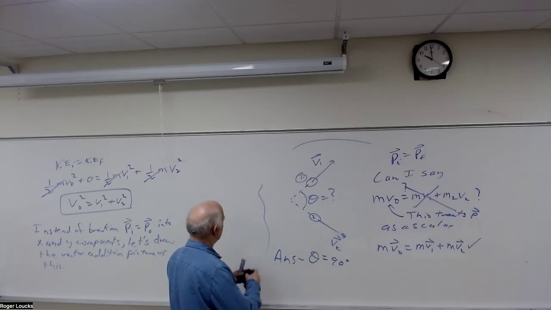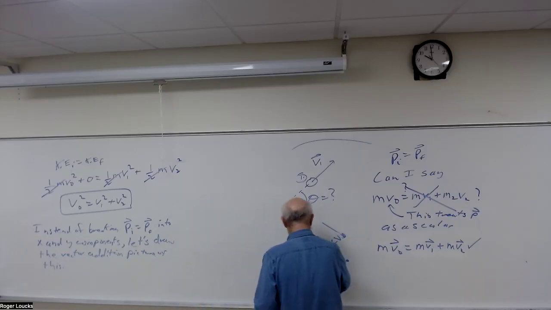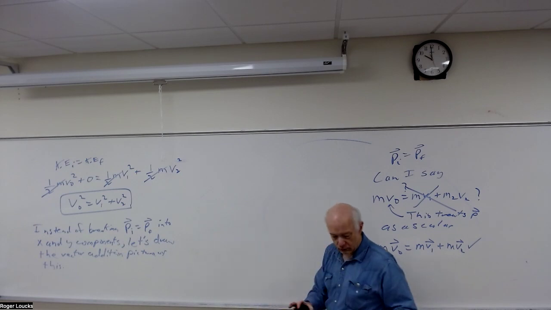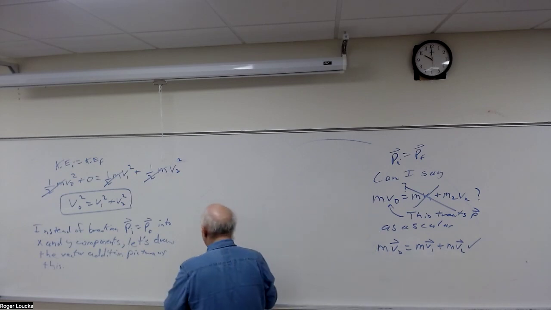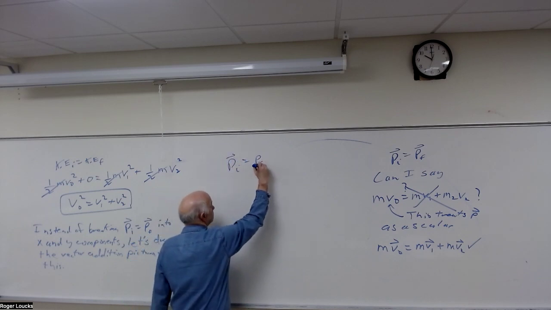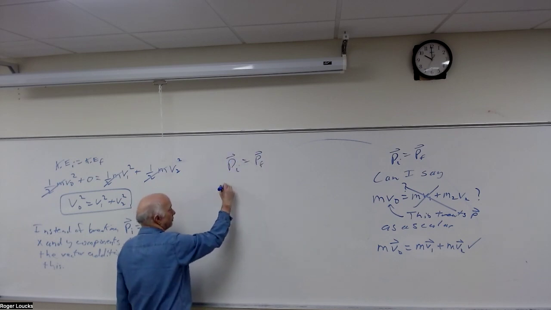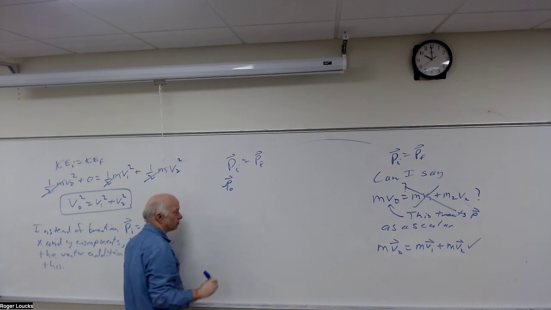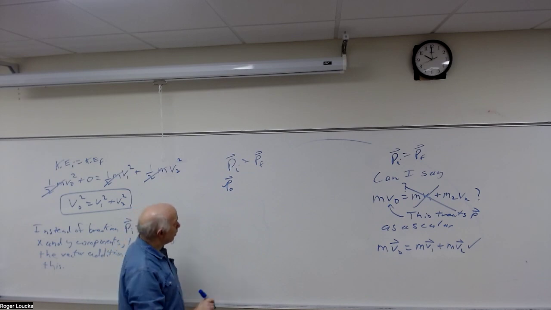Okay. I'm going to say here, we have this. So this right here, this is our initial momentum. This is just going to be the P initial. I just call it P0. What does that have to equal?